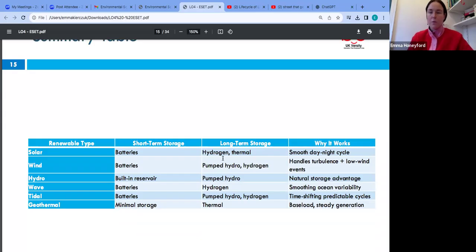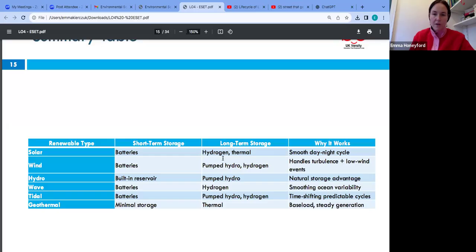So we've got solar, wind, hydro, wave, tidal, and geothermal. So in terms of short-term storage, the comparisons are here. So you've got a mixture of battery use, built-in reservoir, minimal storage for geothermal, and then long-term storage.